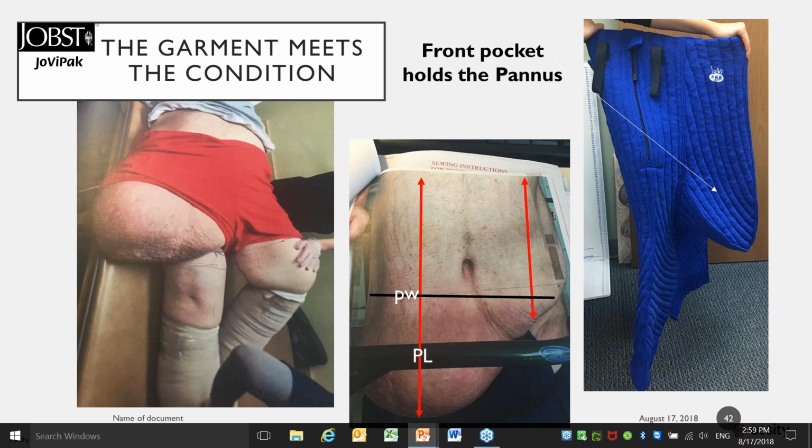So instead of just one length measurement for the PL, we need two. We need the long portion and the short portion so that we can make a garment that will meet that patient's needs. So this panus garment actually has an extra pocket in the front to help support the panus and separate skin-on-skin contact with the anterior portion of the legs.